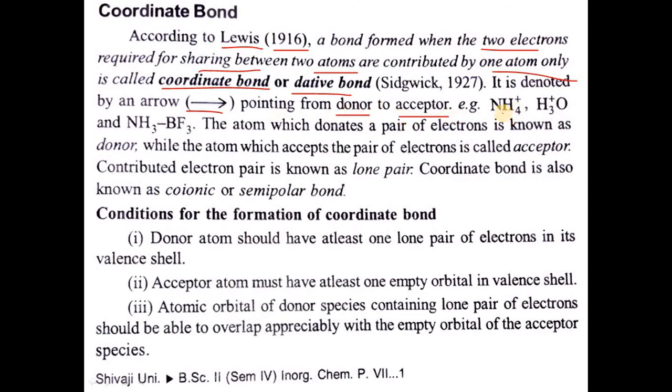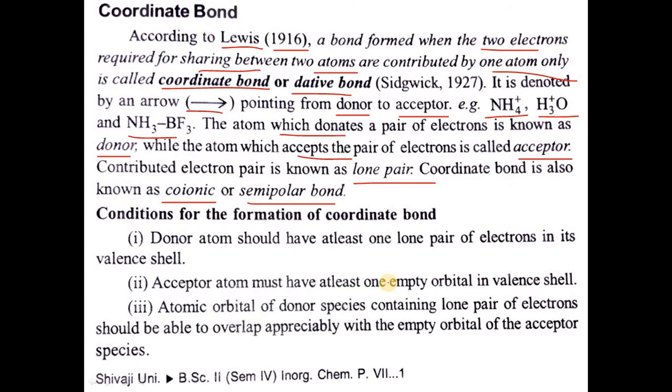Examples are the ammonium ion, hydronium ion, and NH3BF3 bonding. The atom which donates a pair of electrons is known as the donor, while the atom which accepts the pair of electrons is called the acceptor, and the contributed electron pair is known as a lone pair. A coordinate bond is also known as a co-ionic bond or semi-polar bond.